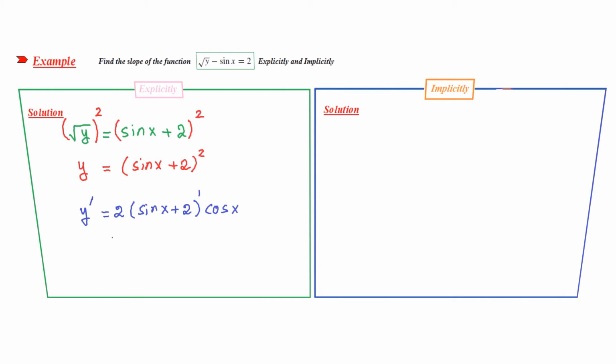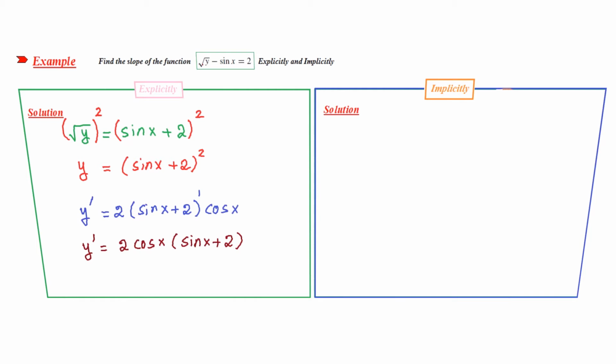So y prime as a final answer equals 2 multiplied by cosine x multiplied by (sine x plus 2). So in this example, you have to rewrite a function in explicit form. Explicit means you put y on the left hand side and the other terms on the right hand side to get a function in terms of x.